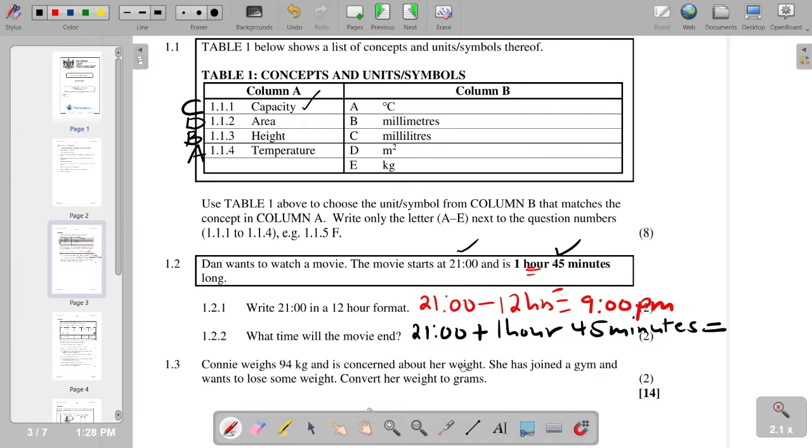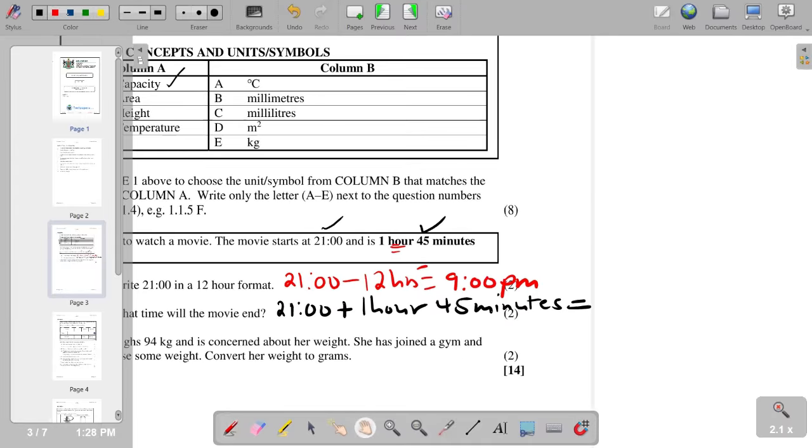If you add 1 hour 45 minutes, it will become 22:45. So that is our answer for that part.